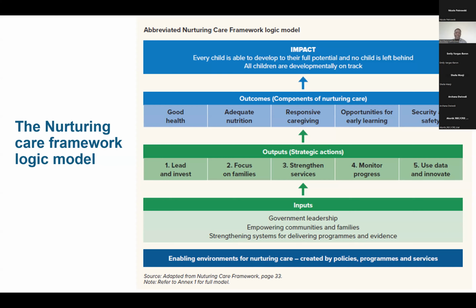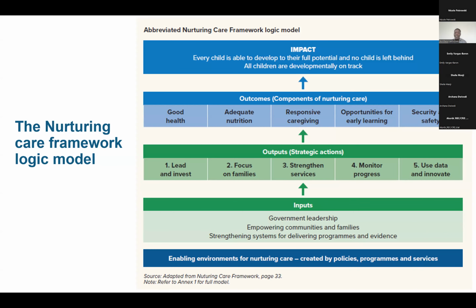Then as you go up, you also need government leadership, empowered communities and families, and strengthened systems for delivering programs and evidence. The systems in this context are very paramount because, as we know, child development is so multisectoral and so integrated that one sector cannot do it all. So we need systems that are so strong and speaking to each other so that we deliver programs and also the evidence that is required.